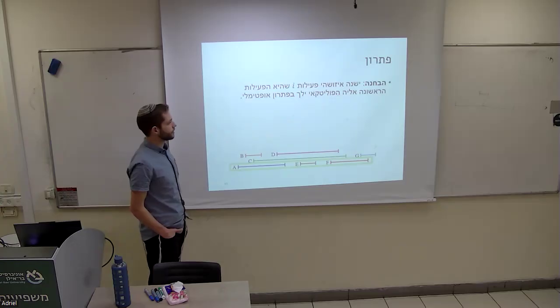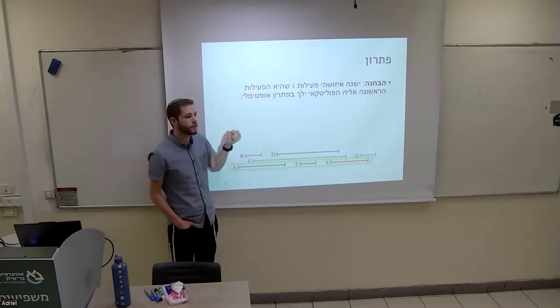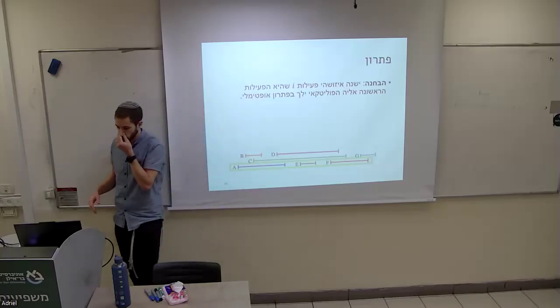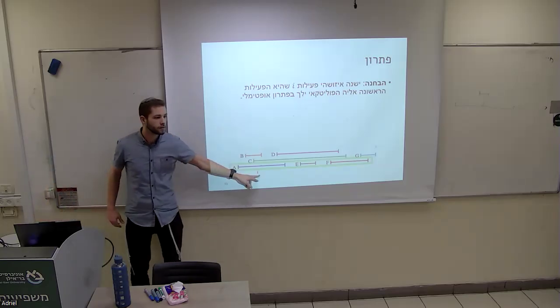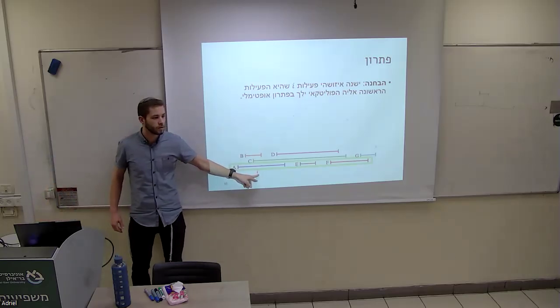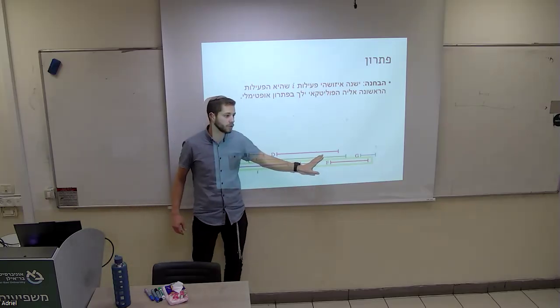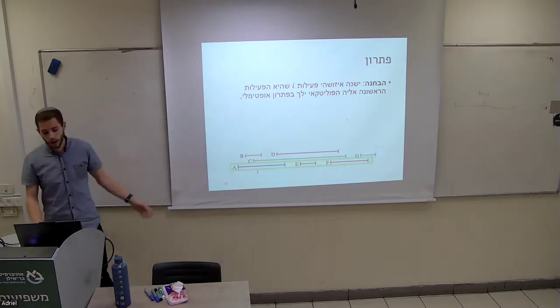First, let's notice that there's some activity I that is the first activity within the optimal solution. If this is our optimal solution, the first activity is A. It doesn't have to be the only optimal solution, but this is an optimal solution too.